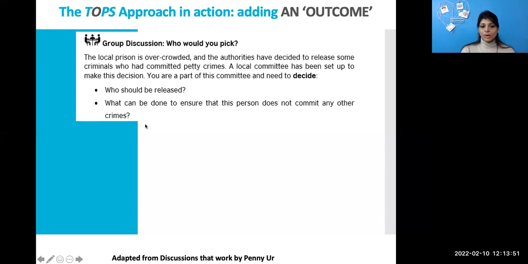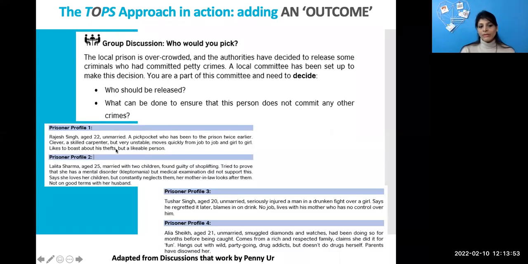And in order to supplement this, we could give them profiles of four different prisoners. So they look at the profiles of these prisoners, they analyze them, they use their higher order thinking skills, and then they have a discussion with their group members, and try to reach a consensus as to who should be released.